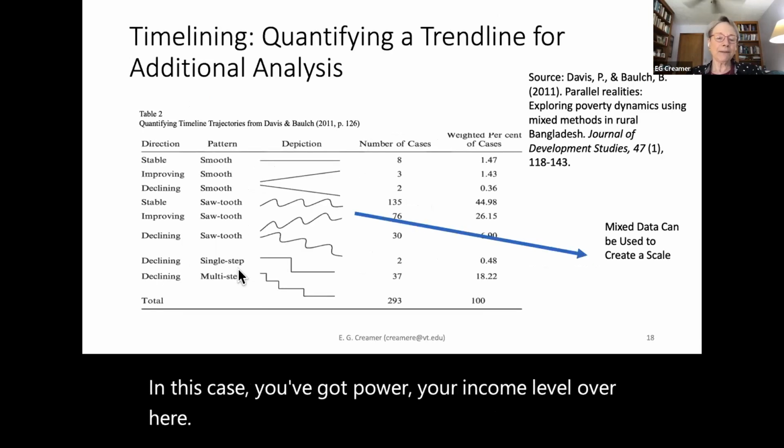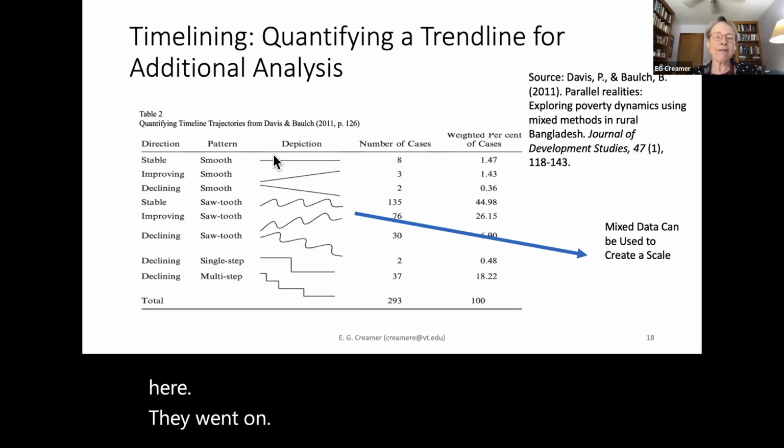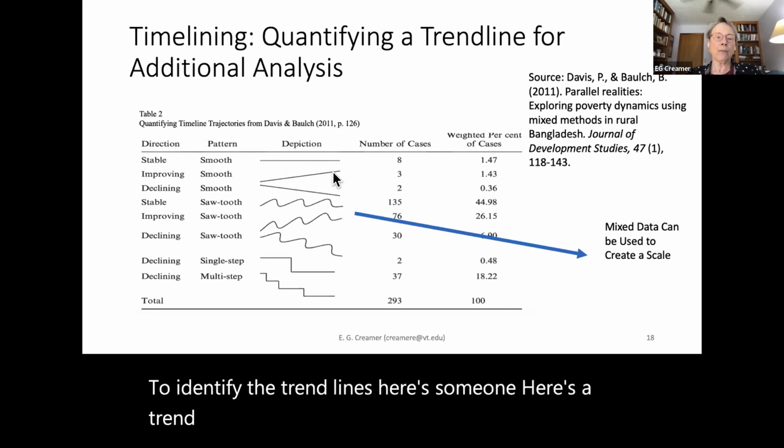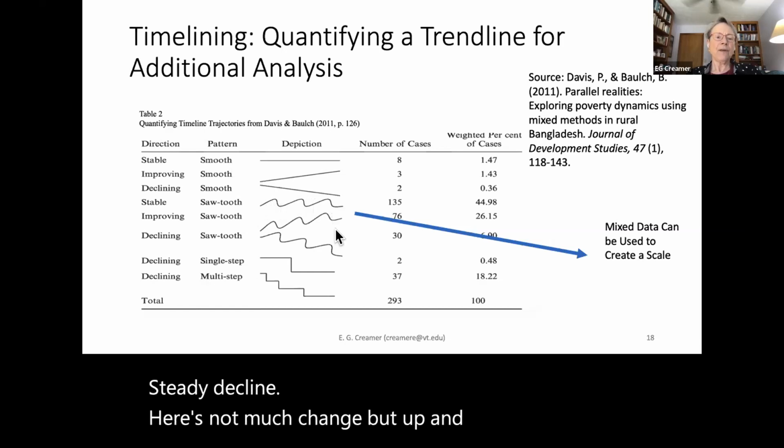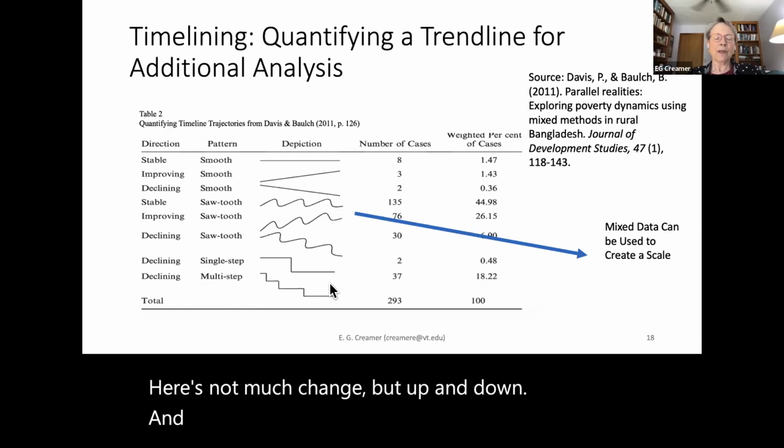They went on to identify the trend lines. Here's a trend line, steady improvement. Here's a trend line, steady decline. Here's not much change, but up and down, and then etc.